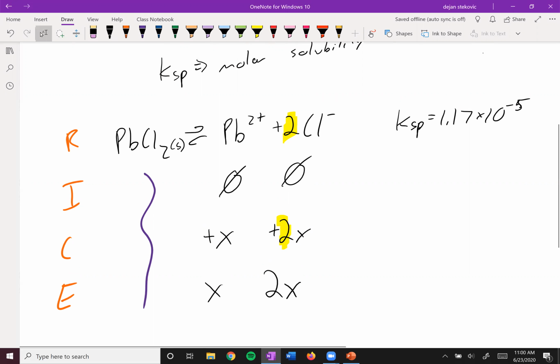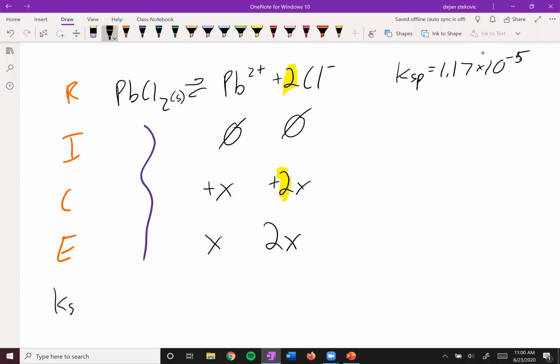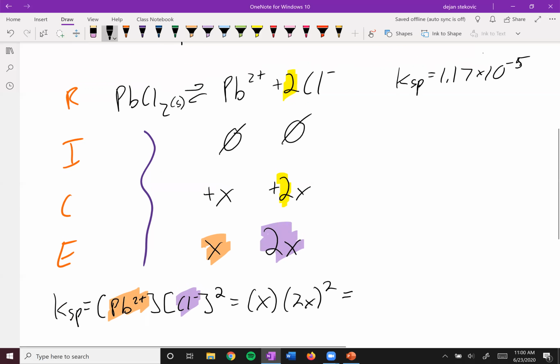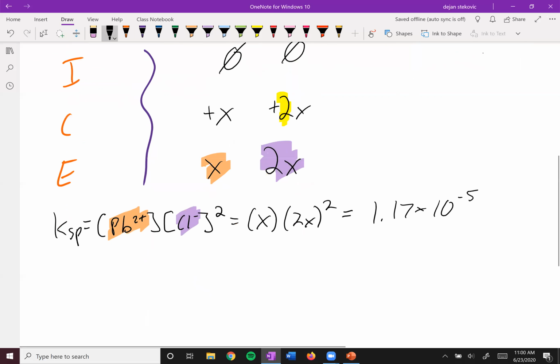And then we can write our KSP. So in this case, our KSP is going to be equal to the concentration of lead 2 plus times the concentration of chloride squared. And so now we can plug these numbers in, x for the lead, and then 2x for the chloride. So then we have x times 2x squared, and then we know it's also equal to 1.17 times 10 to the negative 5. Solve mathematically here.